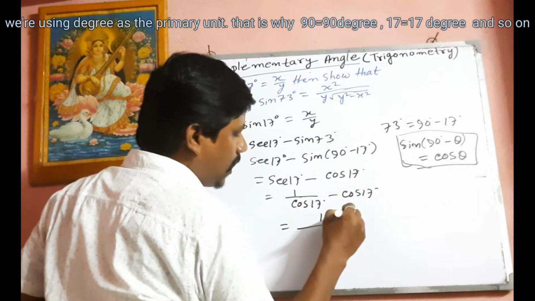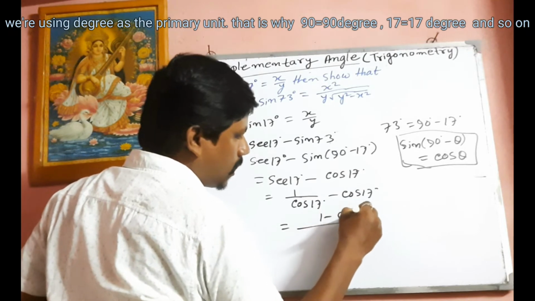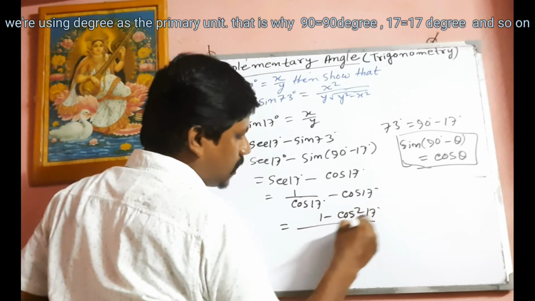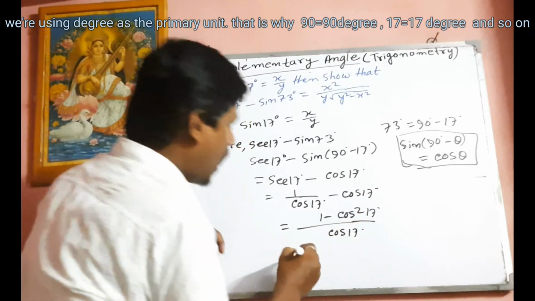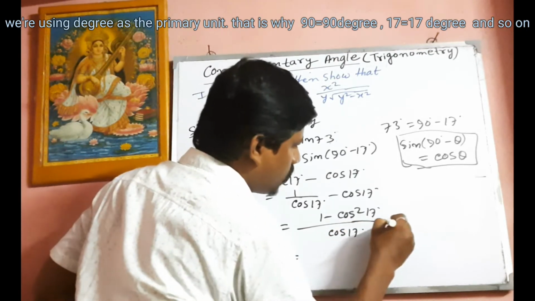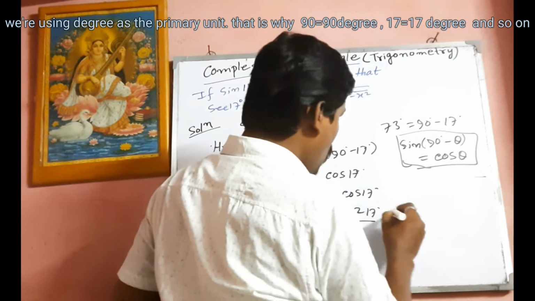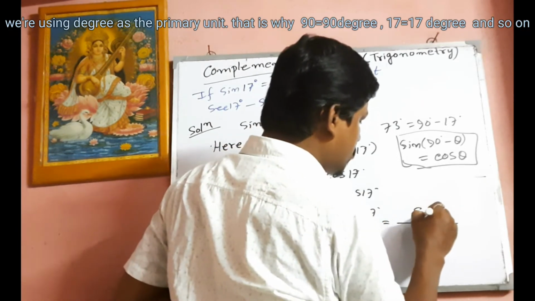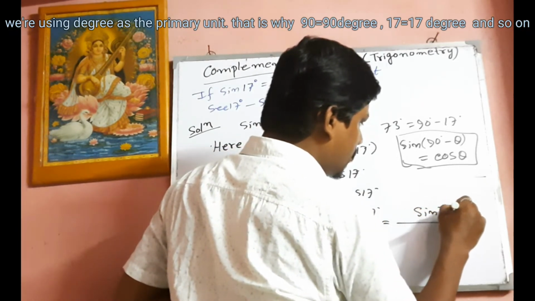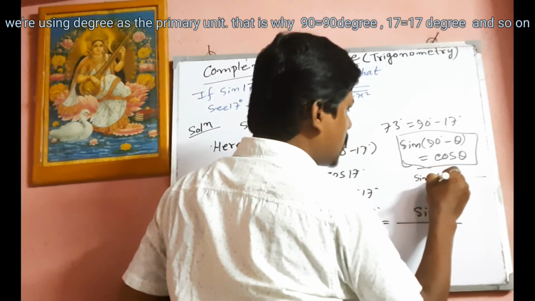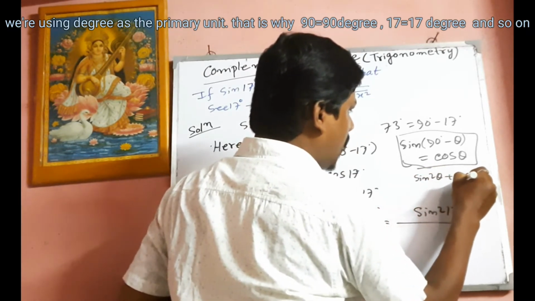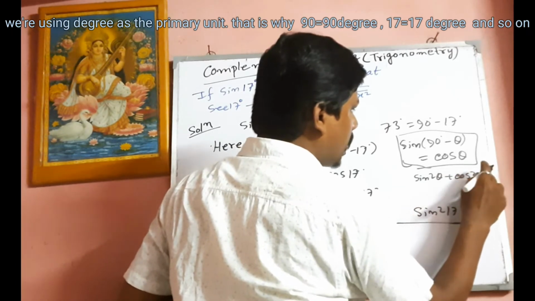And here 1 minus cos square 17 degrees divided by cos 17 degrees. Now we are using 1 minus cos square theta is equal to sin square theta, because we know that sin square theta plus cos square theta is equal to 1.